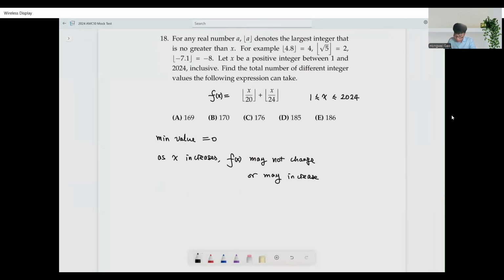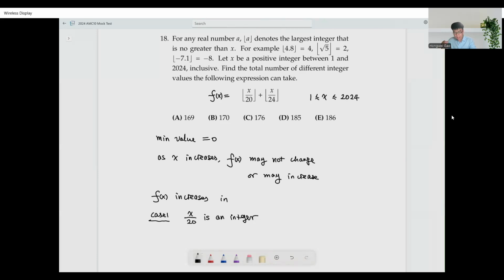There are two cases. f of x increases in the following cases. Case 1, when x is a multiple of 20. So it will increase to the next integer.